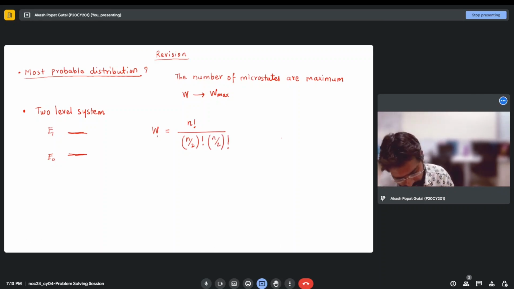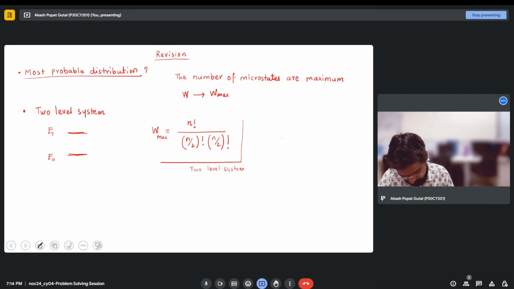This is the maximum distribution, the most probable distribution for a two level system.